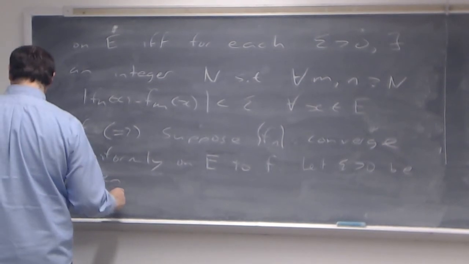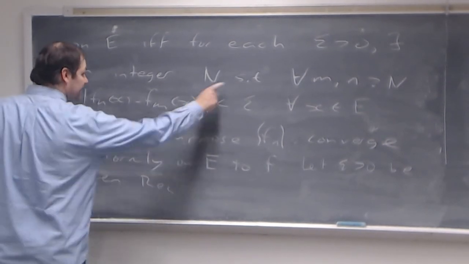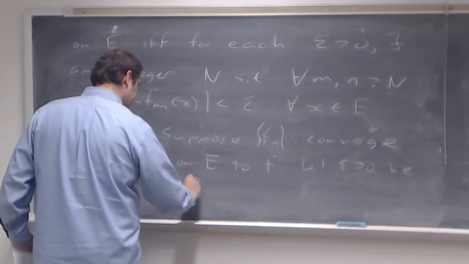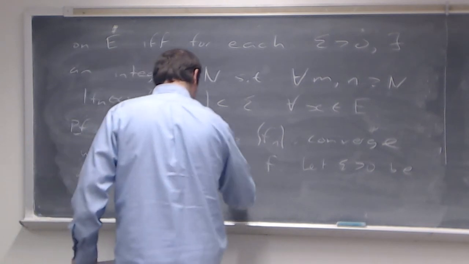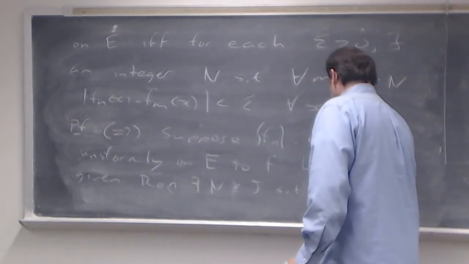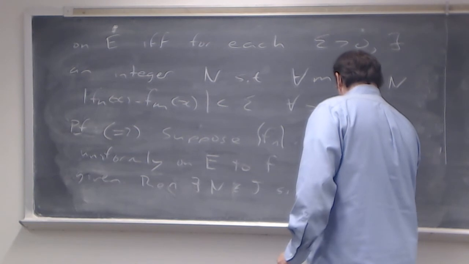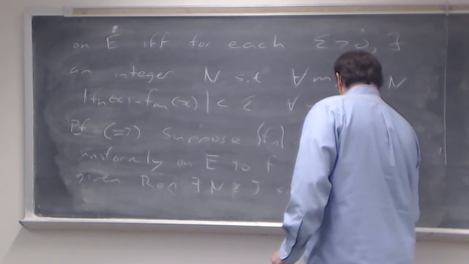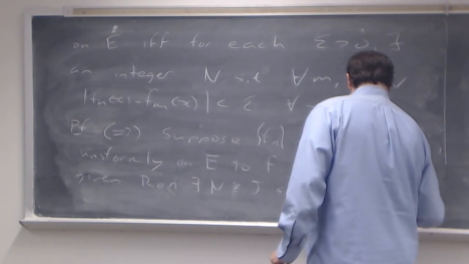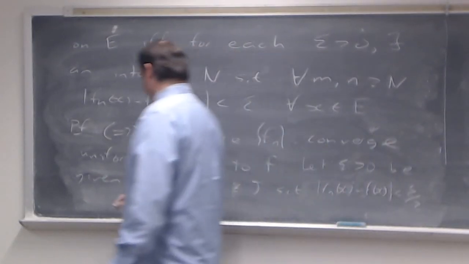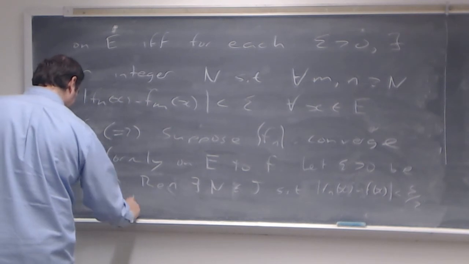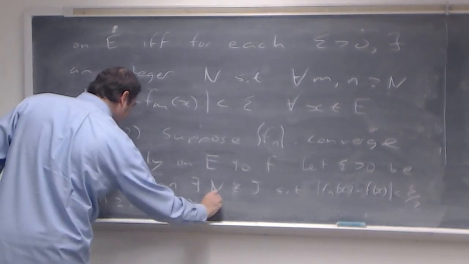Then we're looking for this integer. There exists an N element of the natural numbers such that, because of uniform convergence, the absolute value of f sub n of x minus f of x will be less than epsilon over 2 for all n greater than or equal to big N and x element of E.